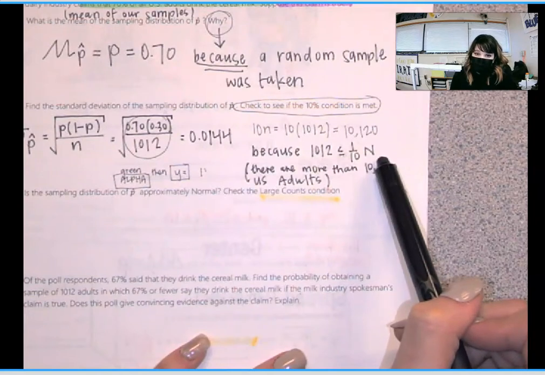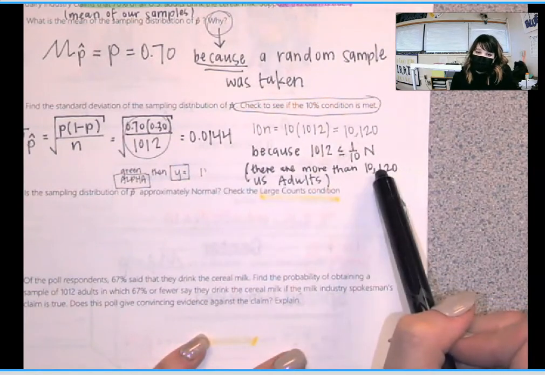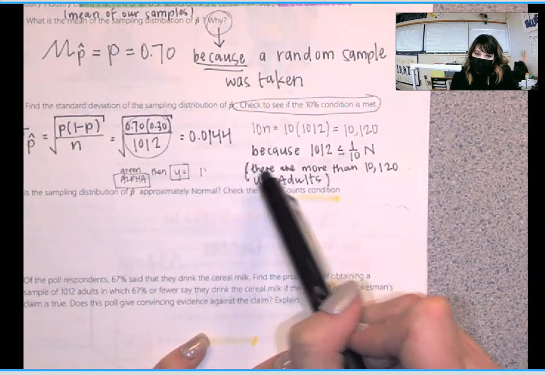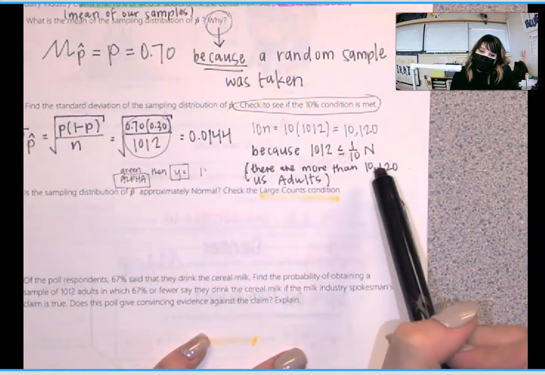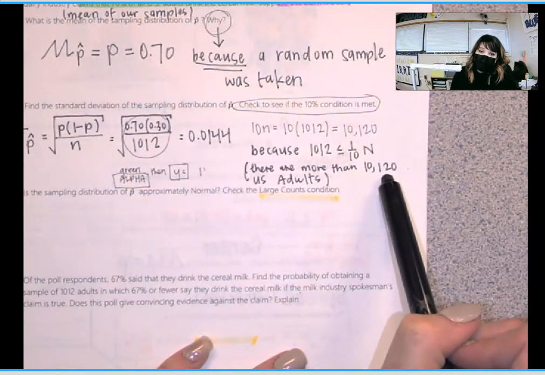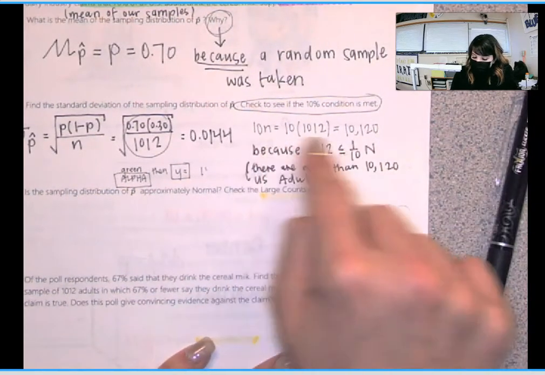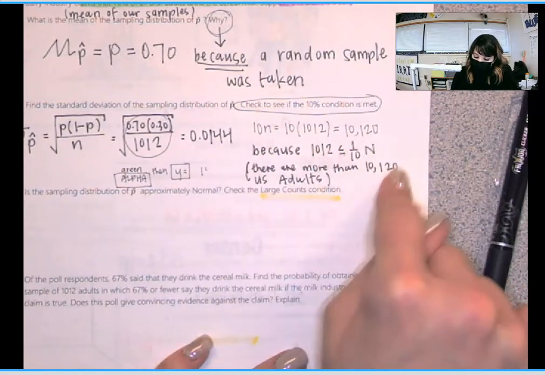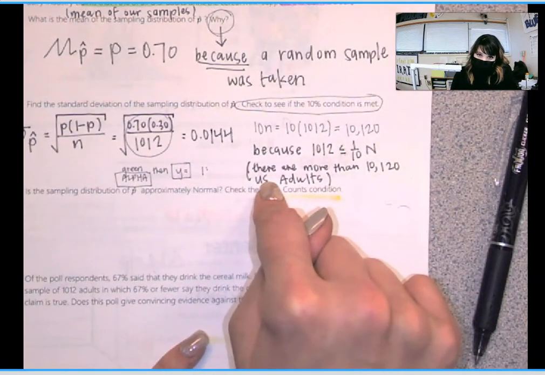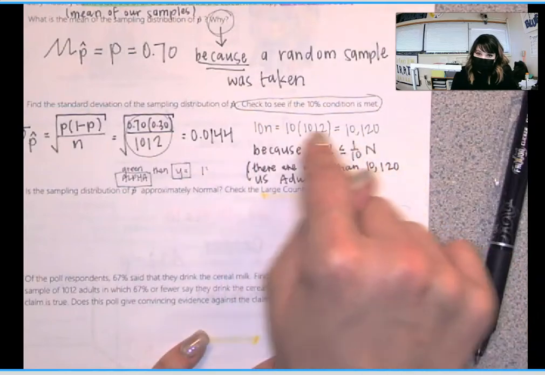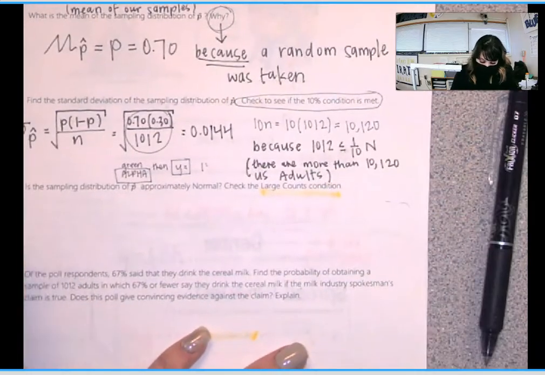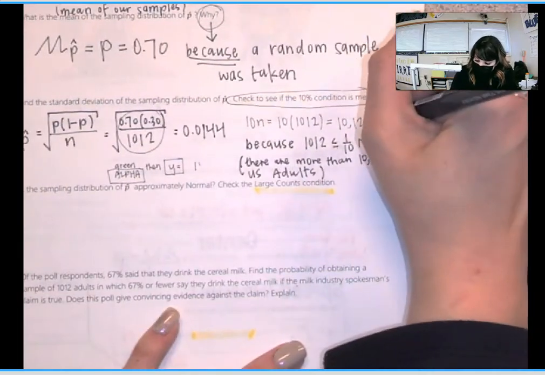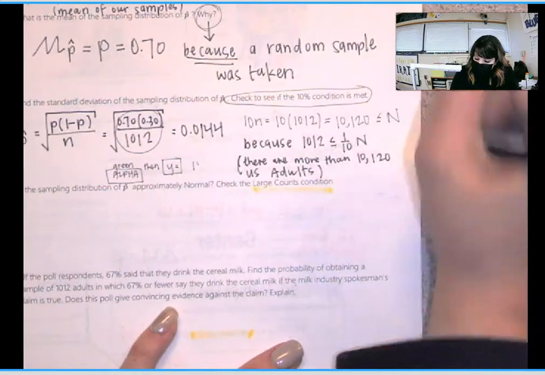Well, how do I know that? Because I verified this in my head. There are definitely more than 10,000 U.S. adults. This portion here, you don't necessarily have to include. What I have in the darker writing is all you would need to write. I just wrote this out for you guys so that you could see exactly where I was getting that from.